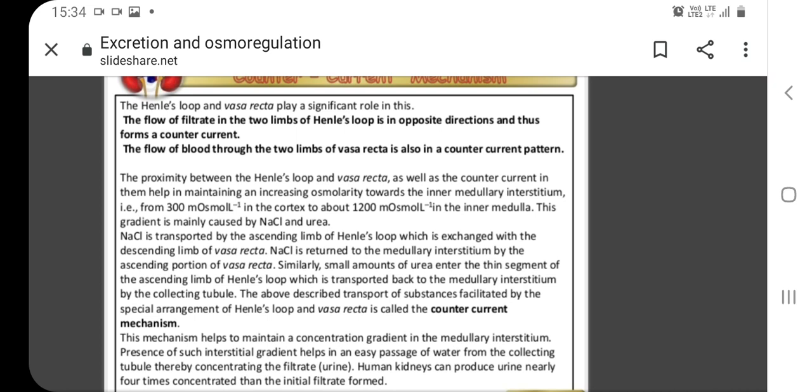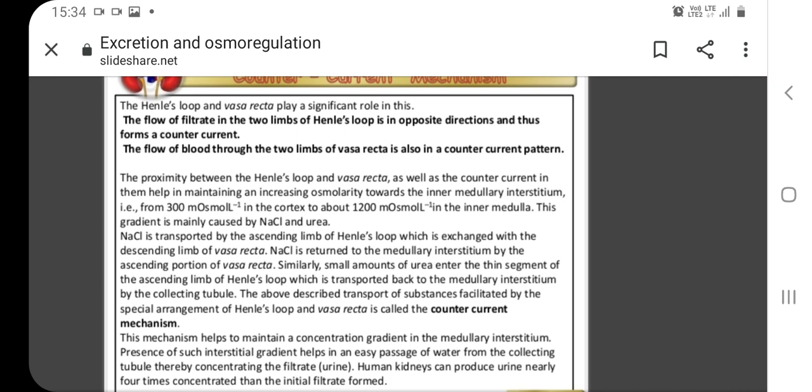The flow of blood through the two limbs of vasa recta is also in the counter current pattern.